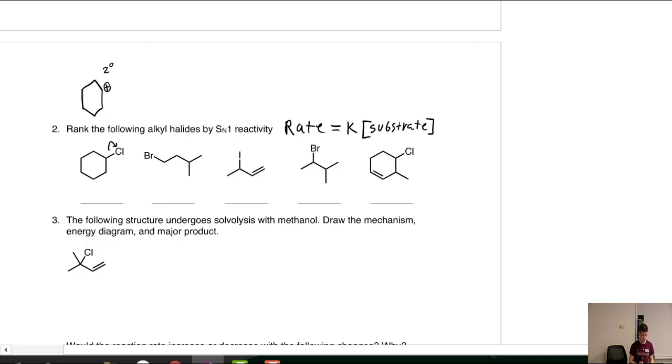On this one, if this bromine were to leave, you get a primary carbocation. If this iodine were to leave, you get a secondary resonance stabilized carbocation, right? So we know that one's looking really nice right now.